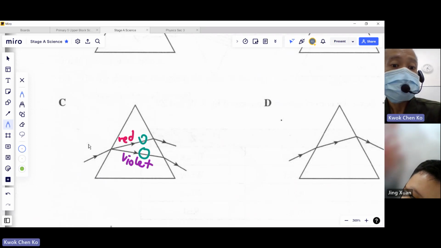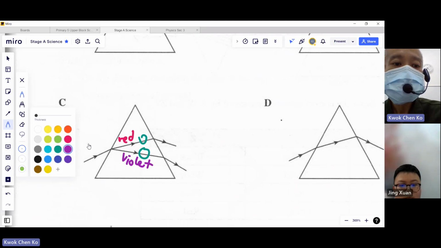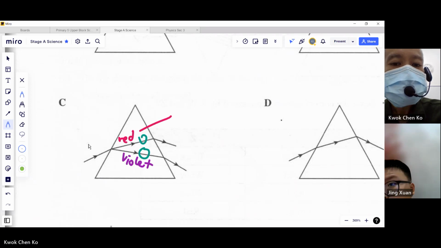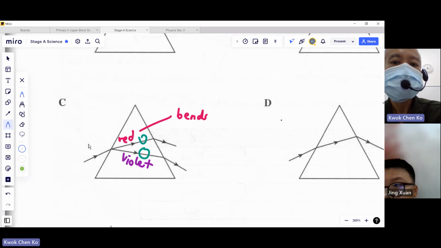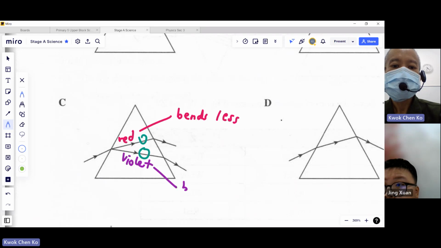I mean, you're right. This is red. This is violet. What do you know about the rule? Basically, red bends less. Violet is going to bend more.